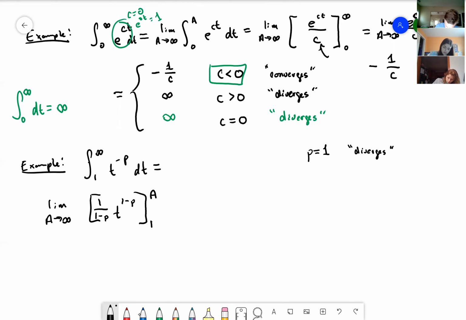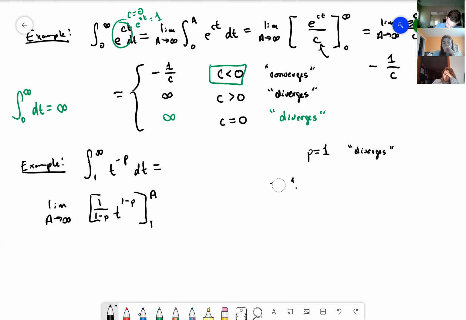And so let's go the other way this time. If p is less than 1, then this 1 minus p is greater than 0, and so as t gets arbitrarily large, that thing goes to infinity.